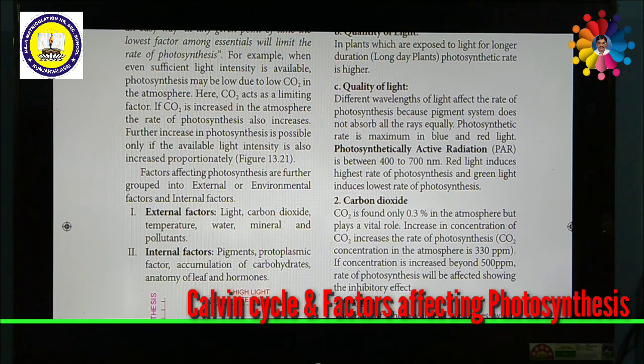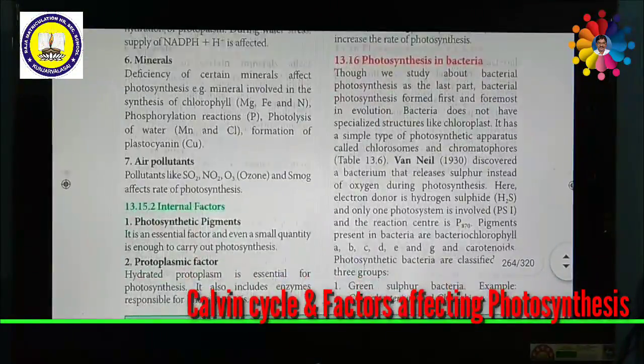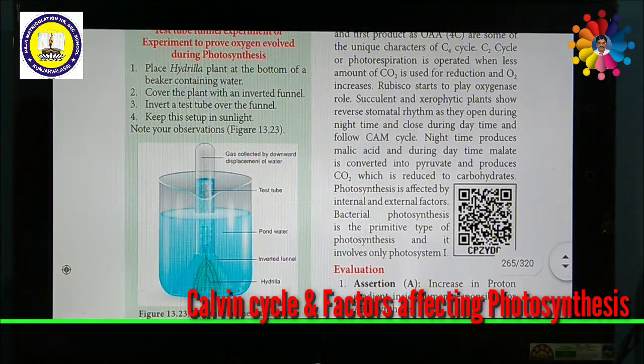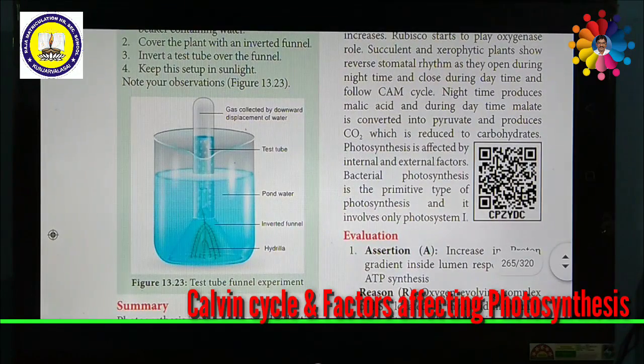This experiment helps us to prove that oxygen is evolved during photosynthesis. This can be seen with the help of this experimental setup, which helps us understand how the oxygen is evolved. Look at this picture.